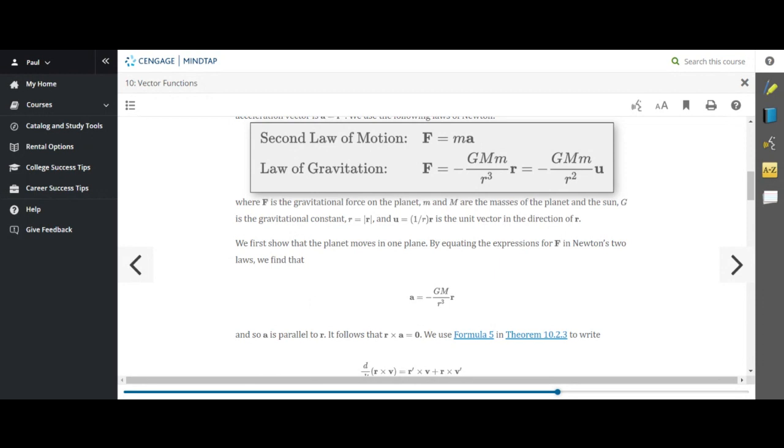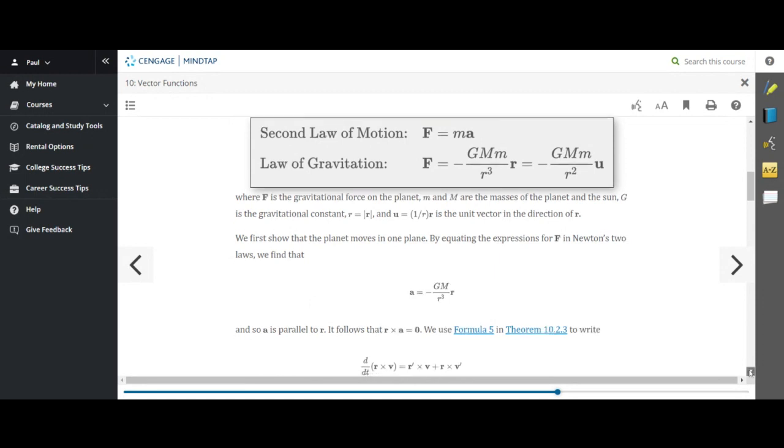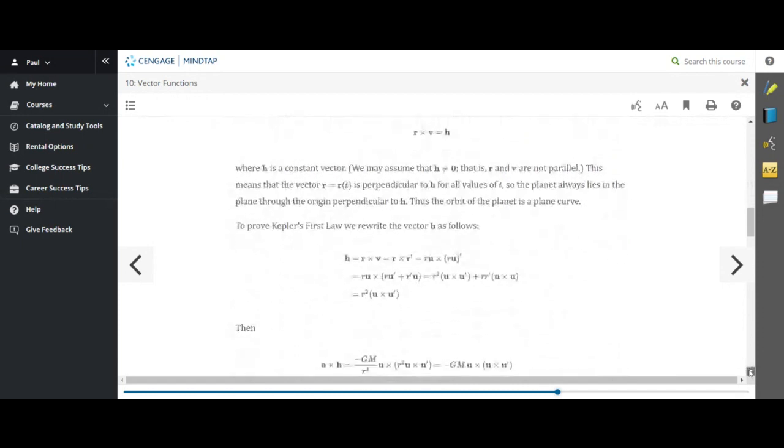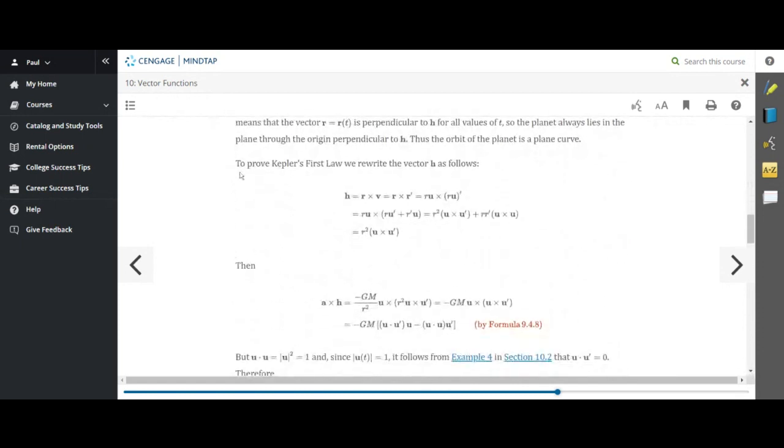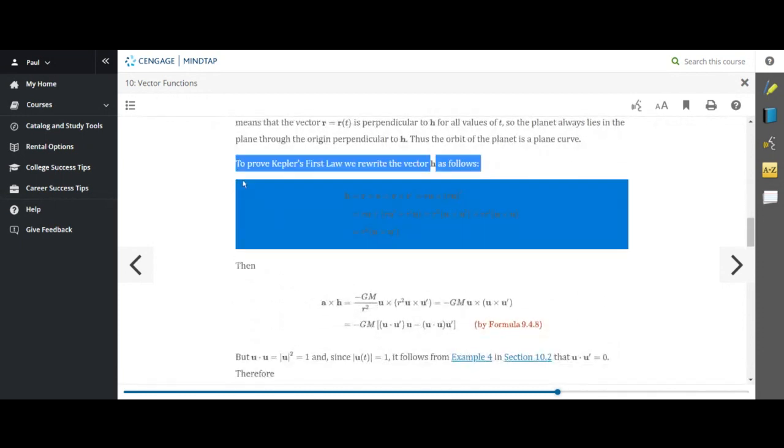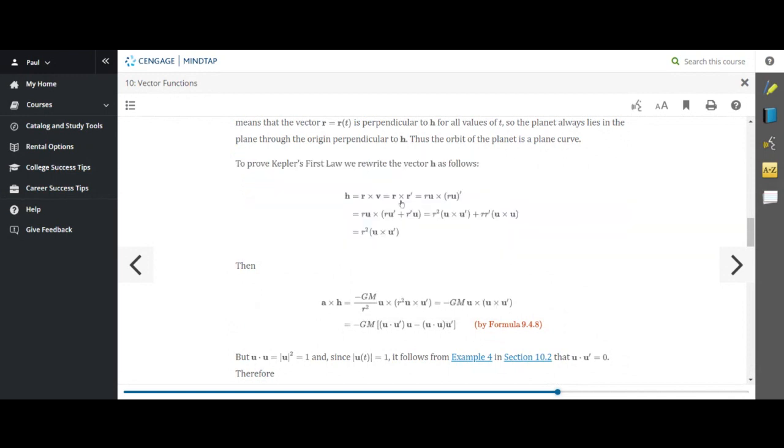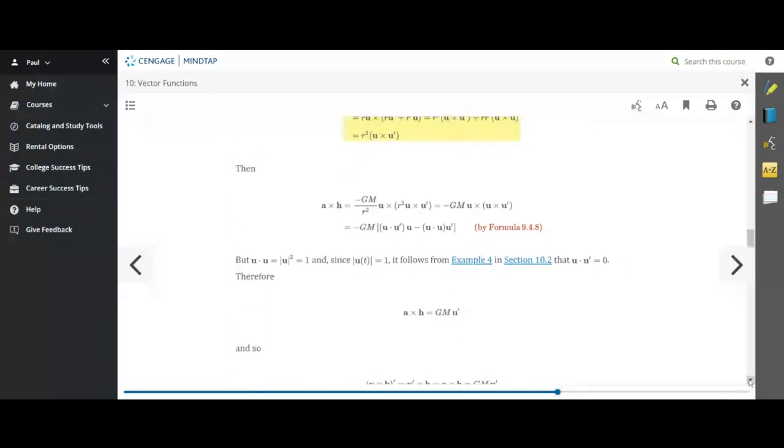But if you have time, it's a pretty interesting read, looking at how they're going to prove, for instance, Kepler's first law of motion. They go through an actual proof here.